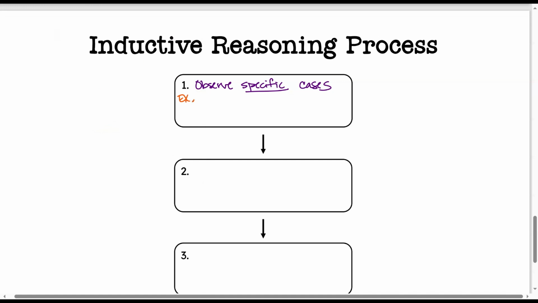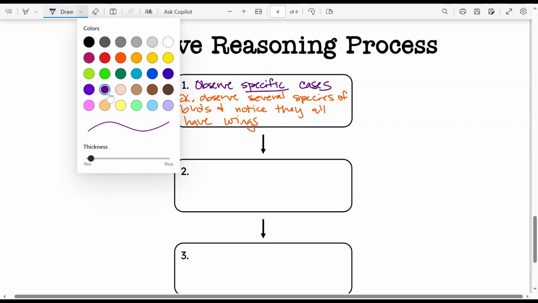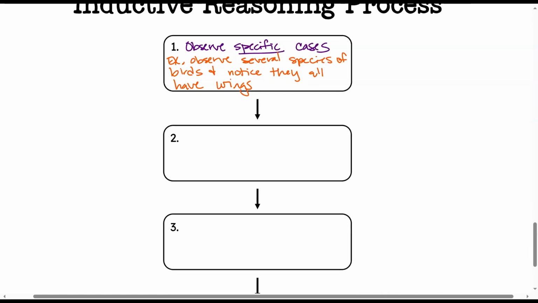That's our observation. So let's write that down. We observe several species of birds and notice they all have wings. I'm writing fast, and that's why my handwriting is so messy, but we're moving on.